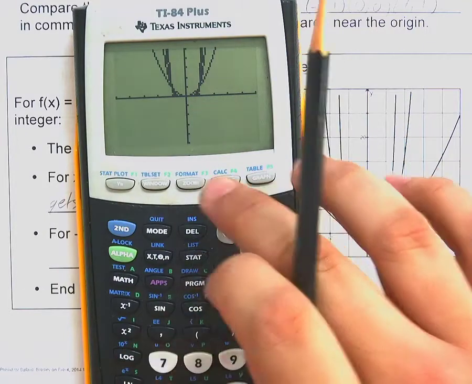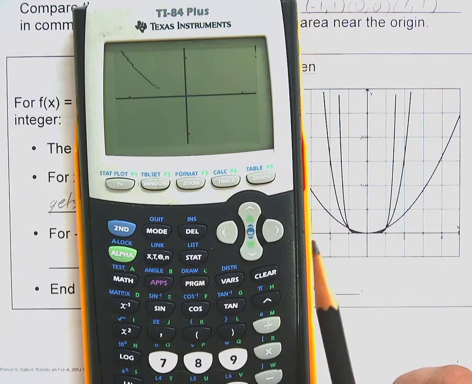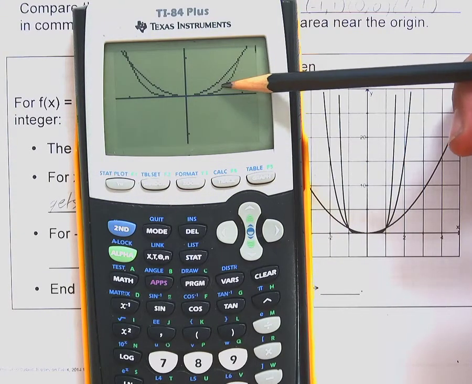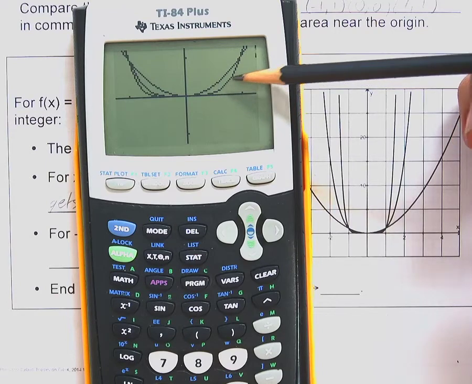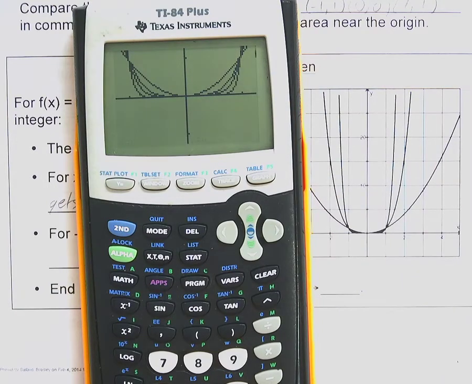And then inside of 1, zoom in. All right, so it's more shallow. You see that right there? That's x to the 4th. There's x to the 6th. Here's x to the 12th. So it gets flatter.